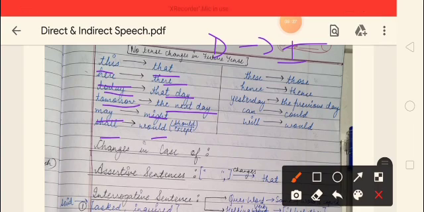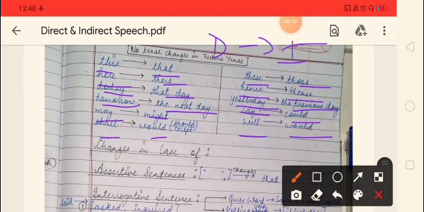In most of the cases it changes to would, but in some exceptional cases it changes to should also, where it is determined. Hence changes to thence, yesterday changes to the previous day, can changes to could, and will changes to would. These are some of the changes in reported speech while transforming from direct to indirect speech.